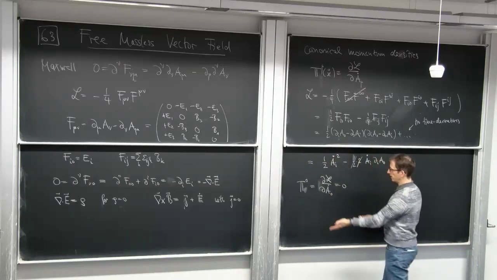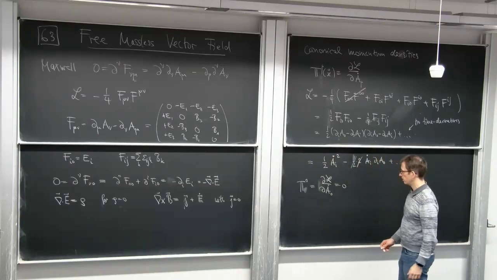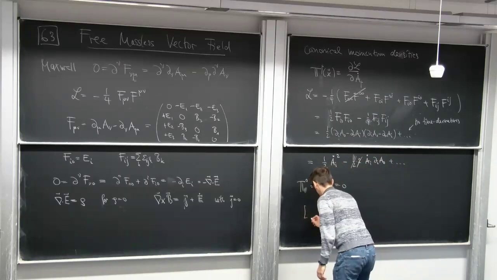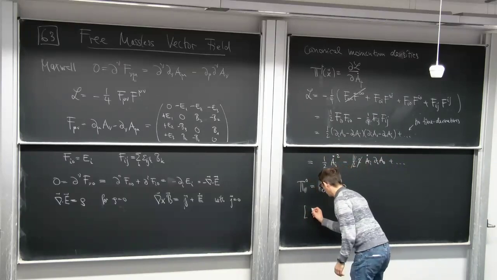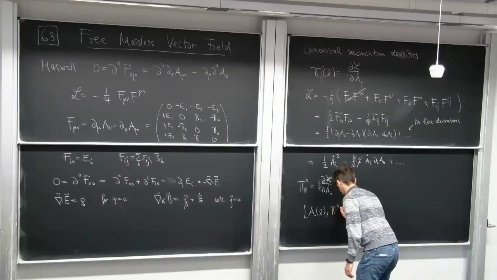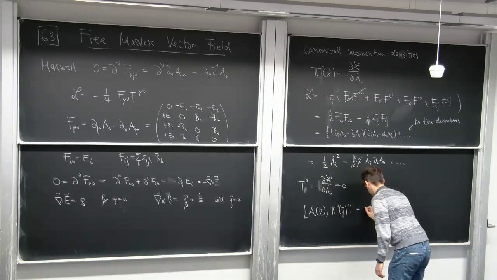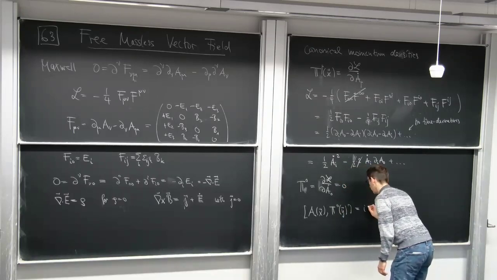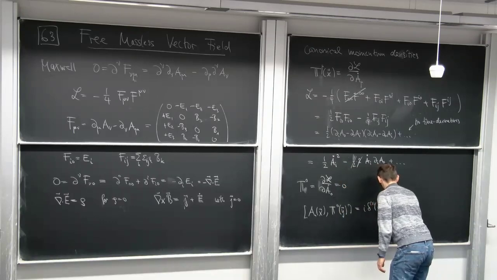And it's really bad. Because I would have liked to write down the canonical commutation relations, and they're usually in the field with its conjugate momentum. Supposed to be i delta 3 x minus y.